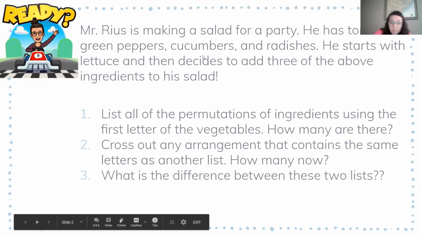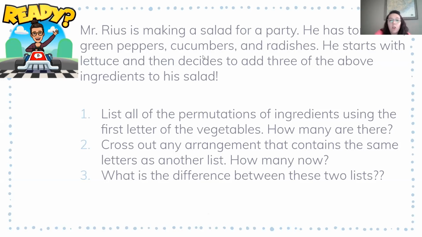The first one is asking you to list all the permutations of ingredients using the first letter of the vegetable. So instead of having to write out tomatoes, green peppers, cucumbers, and radishes a bunch of times, we're going to write out the ways in which he can put these vegetables into his salad.